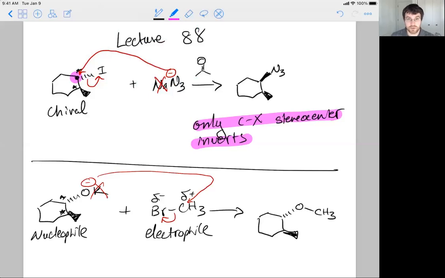In the lower example, the CX, where X, just in case this needs a reminder, is the halogen, was on an achiral molecule, and so we didn't have to worry about the ramifications of inverting the tetrahedral geometry because we were achiral, so it didn't matter. We have 3 hydrogens attached to the carbon that's attached to the leaving group. We don't have to worry about inversion of configuration. So my point is, pay attention only to the carbon halogen bond when you undergo inversion of configuration.